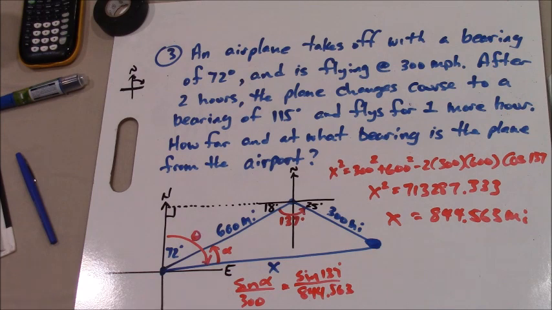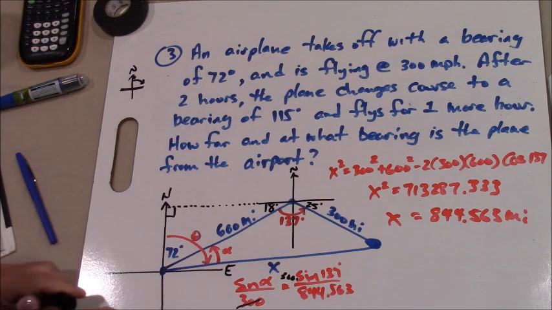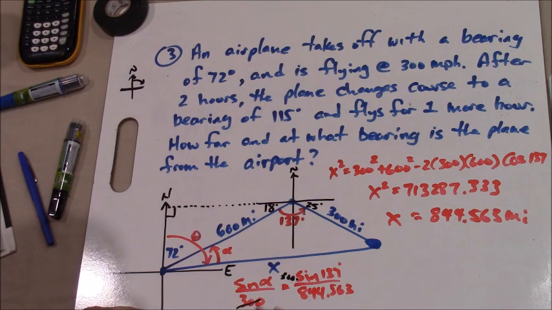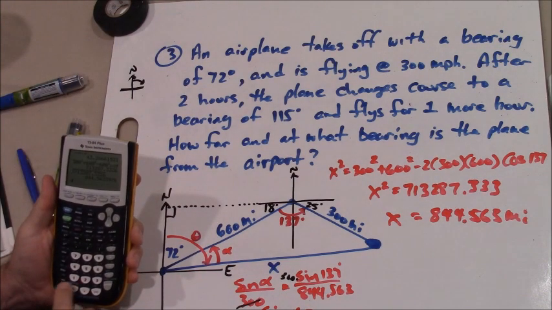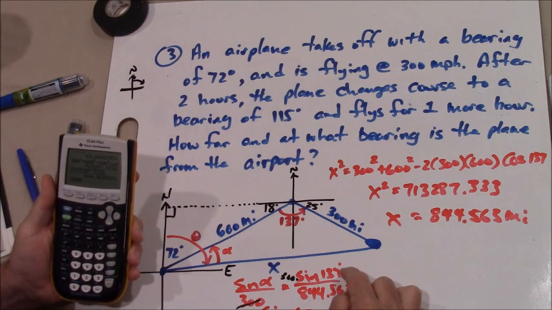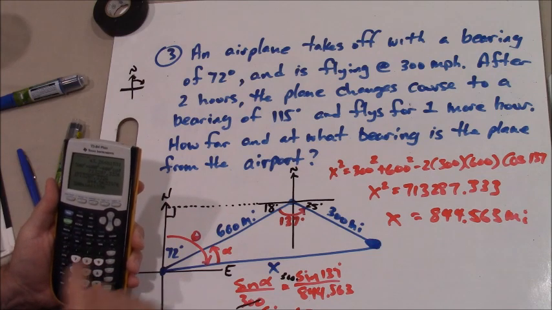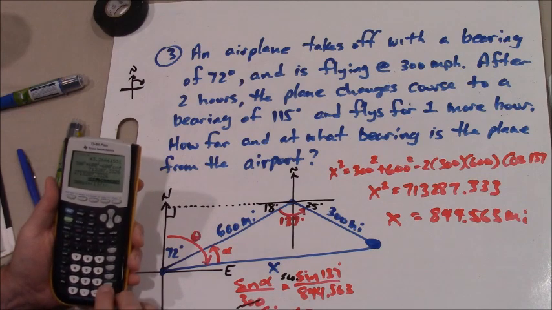And to get sine of alpha by itself, I'm dividing by 300, so I'm just going to move that to the other side and multiply by 300. And so what I get here is sine of alpha equals, so I'll go to my calculator, I'm going to do 300 sine 137, close parenthesis, and then divide that by, I'll arrow up and get the last answer, so I keep things exact.